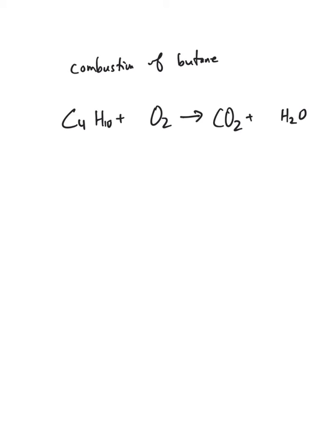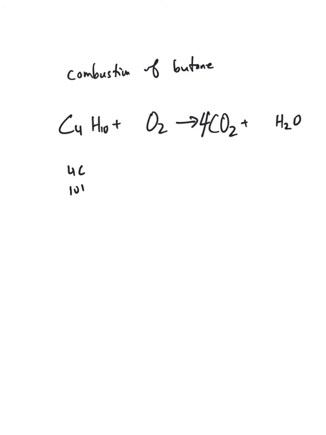So let's balance it. 4 carbons on the left, and we've got 1 on the right. So that means on the product side in front of CO2, I need to put a 4. I've got 10 hydrogens on the reactant side. Right now, I've got 2 hydrogens with water, so we'll put a 5 in front of that. So now I've got 4 carbons and 10 hydrogens.